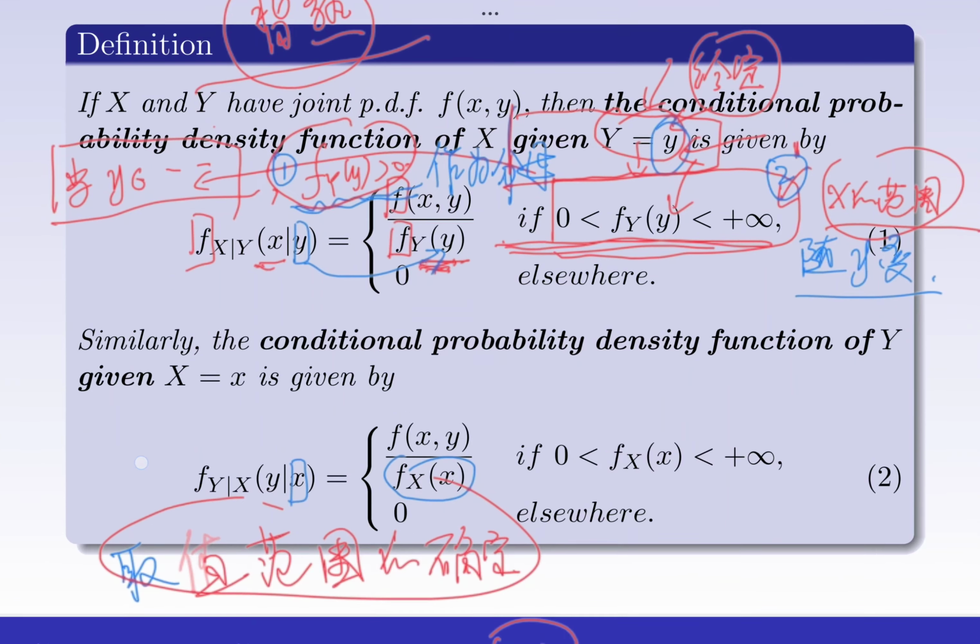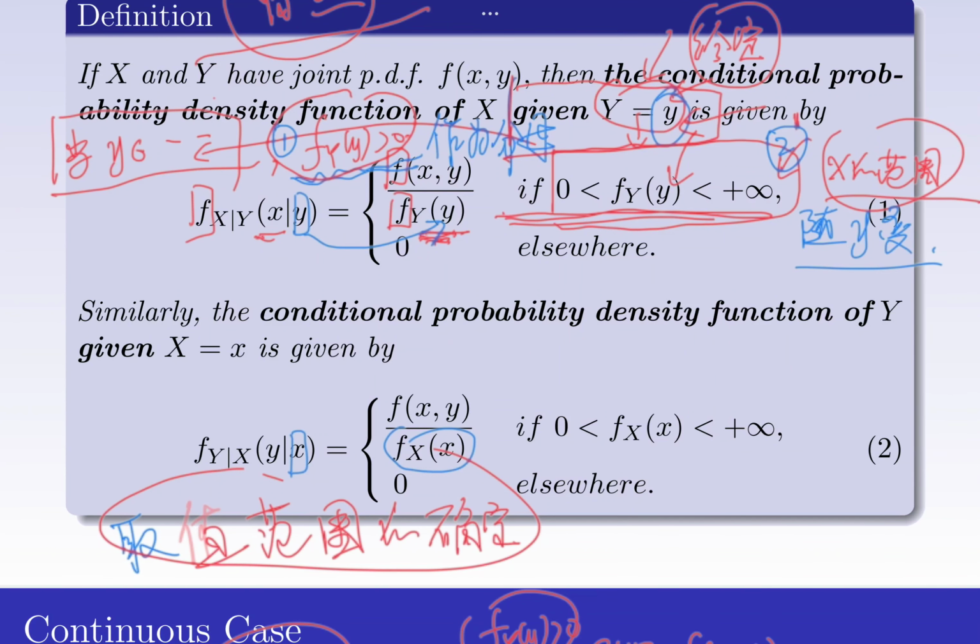Similarly, the conditional probability density function of y given x equal to x is given by what? F_Y.